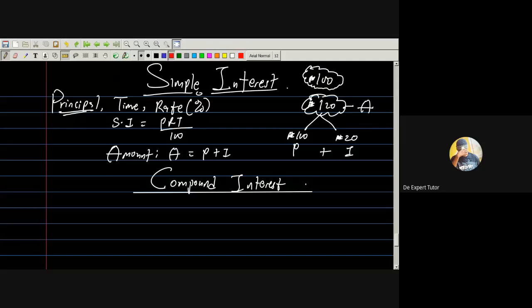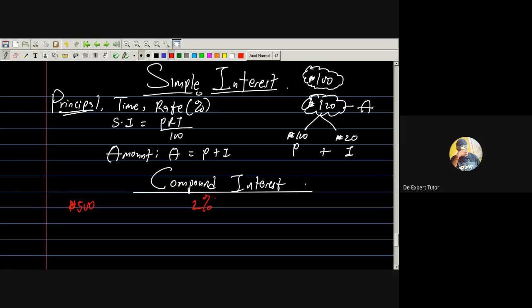Let me give you one sweet example. You borrowed 500 naira from me, and we are giving you, let me say, 2% compound interest every year.